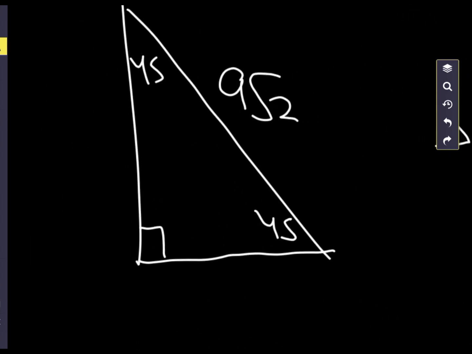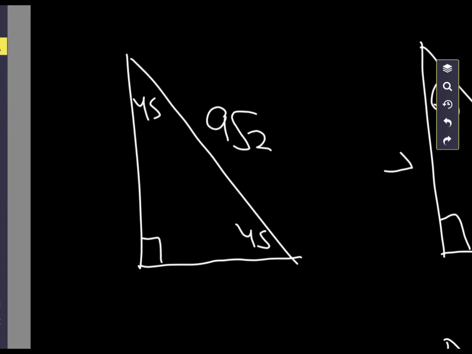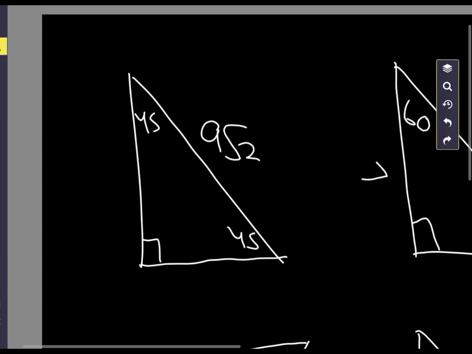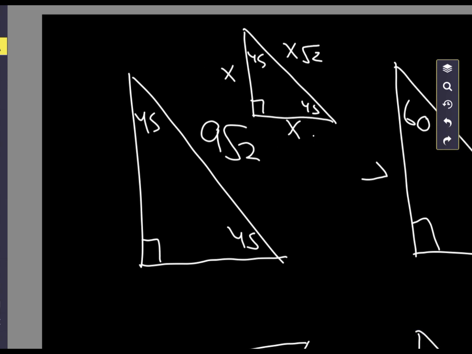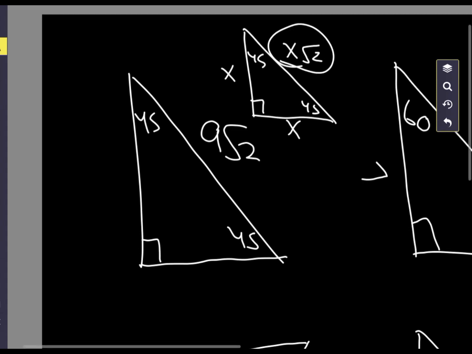In the first triangle, we can see that this is a 45, 45, 90 right triangle, which means it follows this theorem. So you have 45, 45, right? And remember what we did? These sides are equal because it's an isosceles triangle, and the hypotenuse is always going to be radical 2 times longer than the sides. If we're given the hypotenuse, then if we want to go back to one of the sides, we have to divide this by radical 2, right?